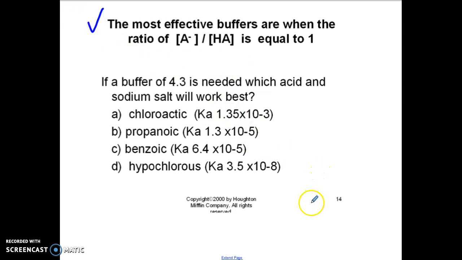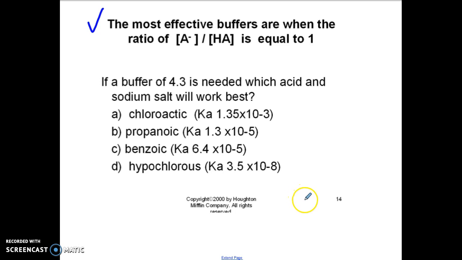Okay, so here is a multiple choice type question. If a buffer of pH 4.3 is needed, which acid and its sodium salt will work best? Would it be chloric acid, propanoic acid, benzoic acid, or hypochlorous acid? And notice that I have the Ka values for each of these acids in parentheses next to the appropriate acid.